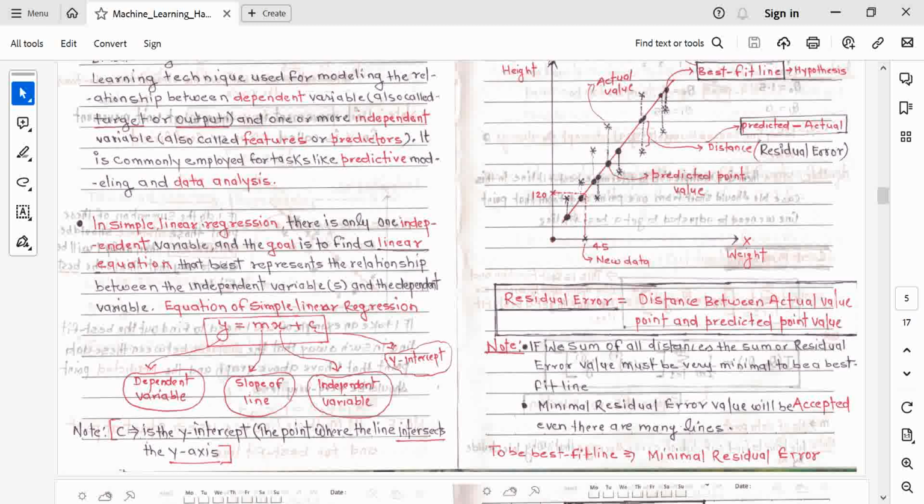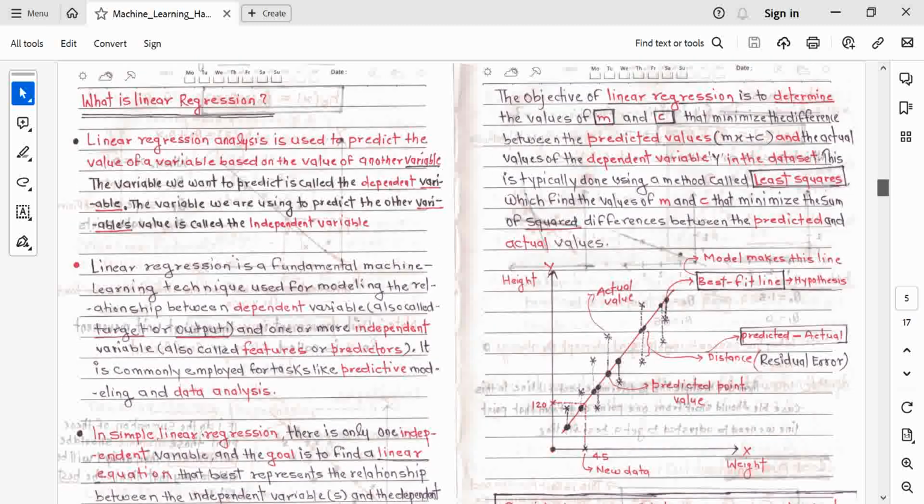Note: c is the y-intercept, the point where the line intersects the y-axis.